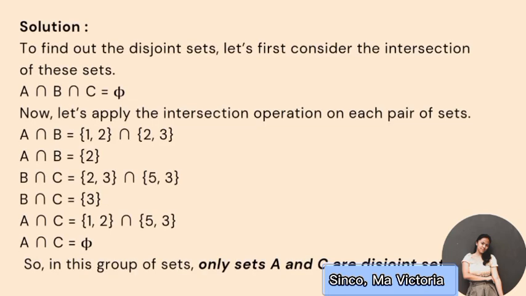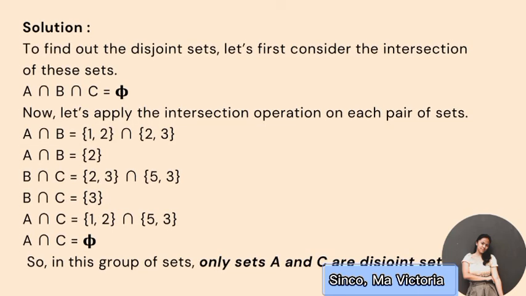Let's first consider the intersection of these sets. A intersection B intersection C is equal to the null set. Now, let's apply the intersection operation on each pair of sets. The first pair of sets is A intersection B. It contains {1, 2} intersection {2, 3}.